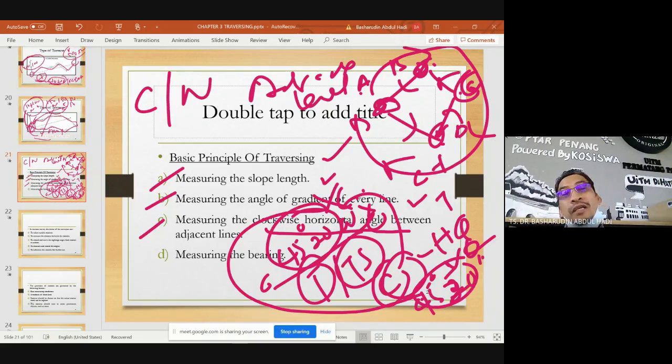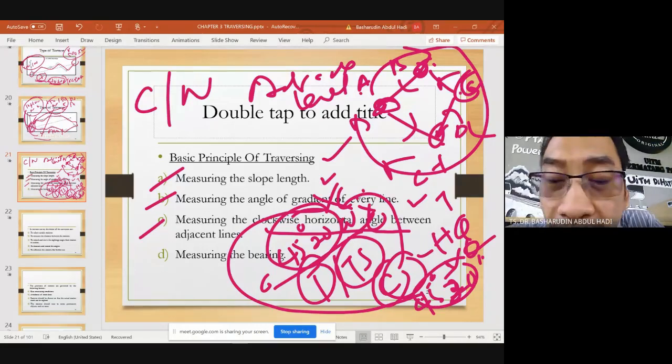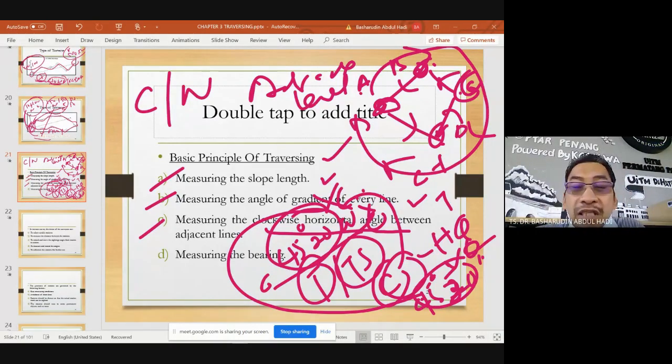The theodolite in horizontal can move around 1 second, 2 seconds, 3 seconds, very fine decimals. This is the accuracy. The more expensive theodolite and total station can give you high accuracy. That is the basic knowledge that you should have.